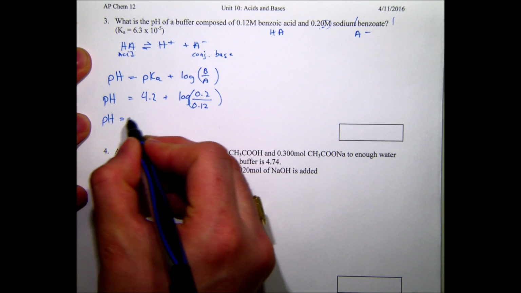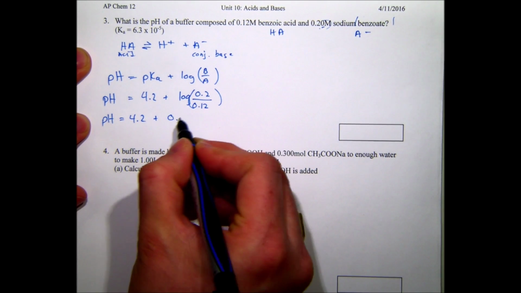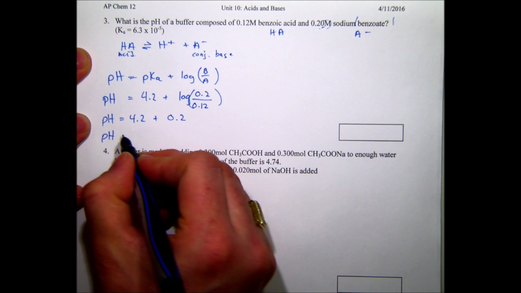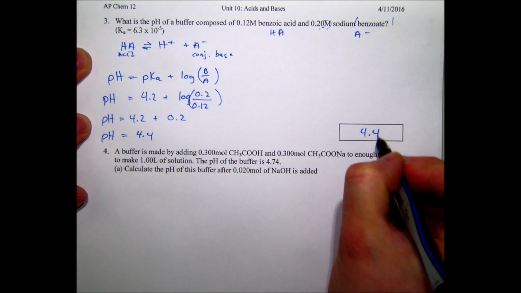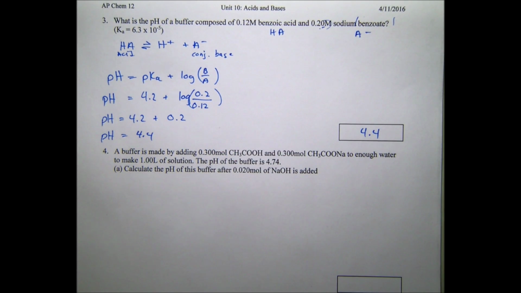The pH will be equal to 4.2 plus 0.2. The pH will be equal to 4.4. That's all we do to solve a buffer.